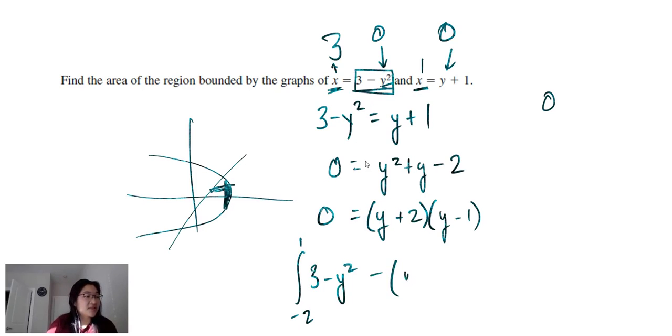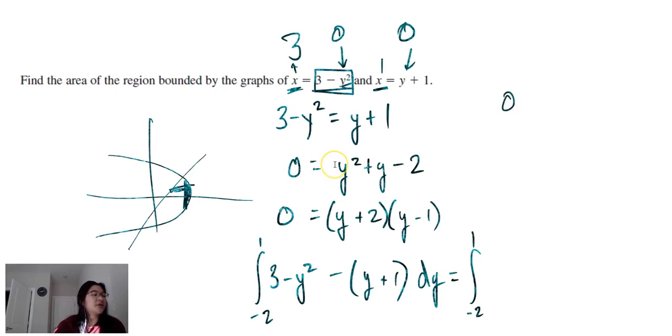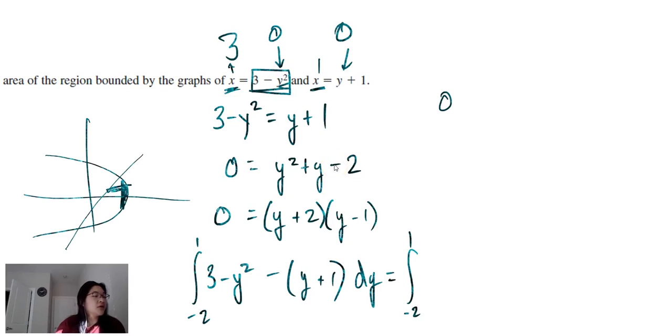And I'm going to put parentheses with my y plus 1. And we're integrating with respect to y. Okay, so then we just do that. And again, this is just power rule. I guess since it's in terms of y, we should do it for good measure. But negative 2 to 1, and we have 3 minus 1 is 2 minus y squared minus y dy.